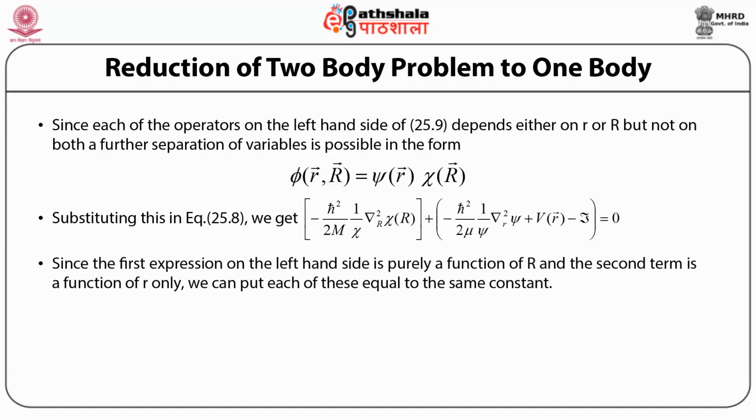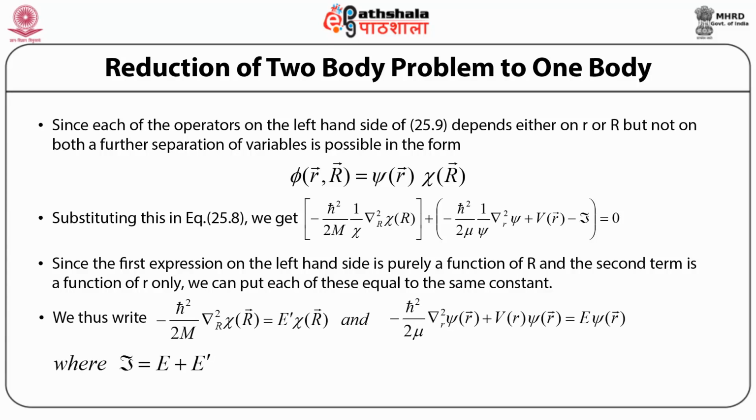Since the first expression on the left hand side is purely a function of R and the second term is a function of small r only, we can put each of these equal to the same constant.